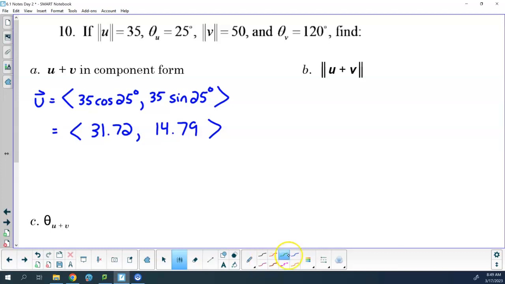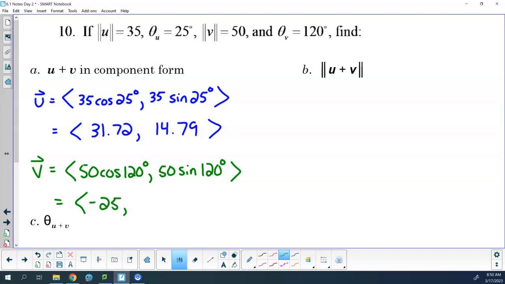Then vector v would be the vector 50 cosine 120, 50 sine 120. Agree with that?